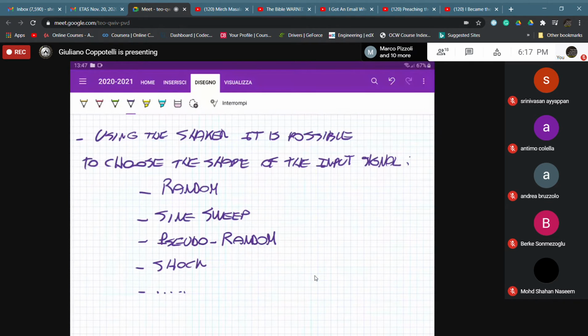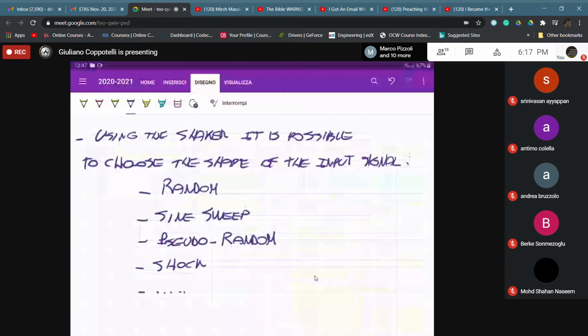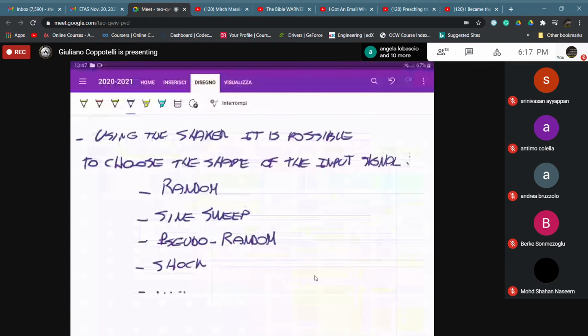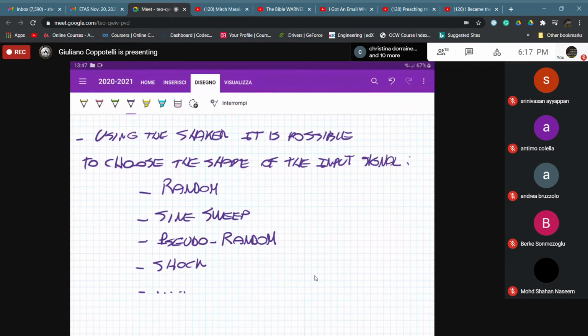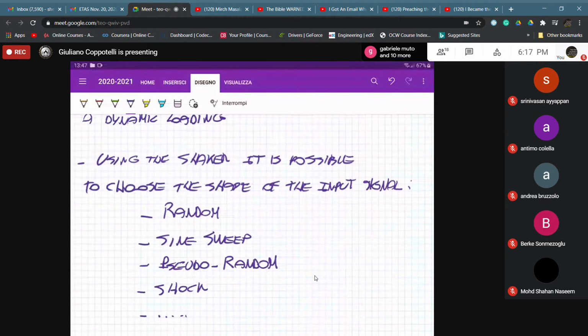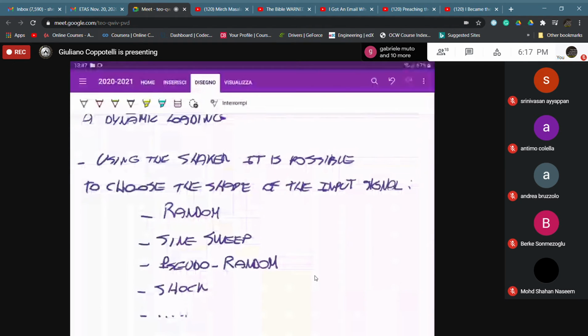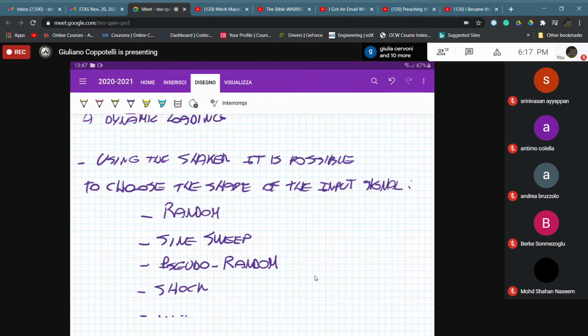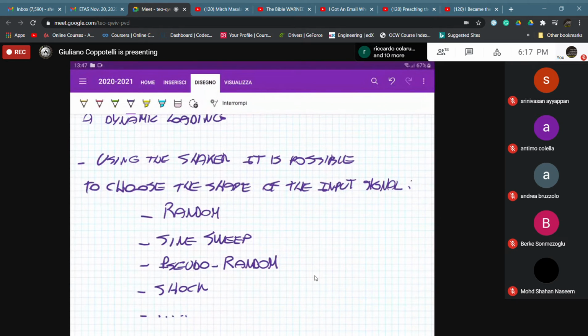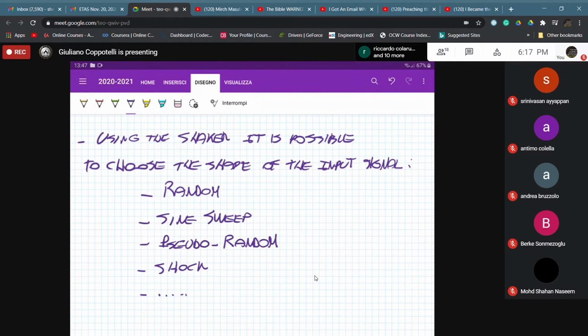So as you can see, there is a huge difference between the shaker excitation and the hammer excitation. With the hammer, we excite the structure with an impulse-like excitation shape, and we discussed that, so I'm not going to discuss it right now. On the contrary, when using the shaker, you can have a variety of excitation types from random to shock and so on, so you can have better control of your input excitation in your analysis.